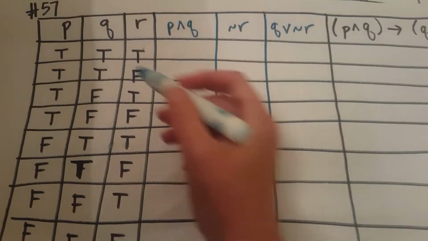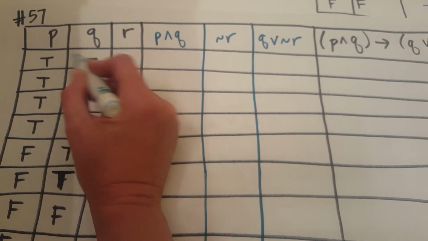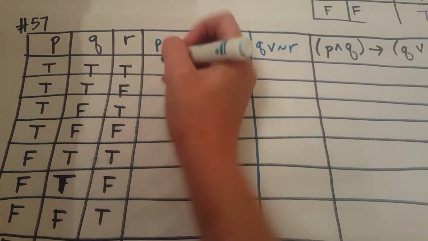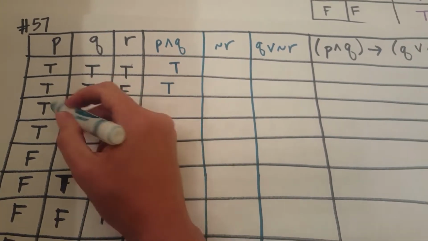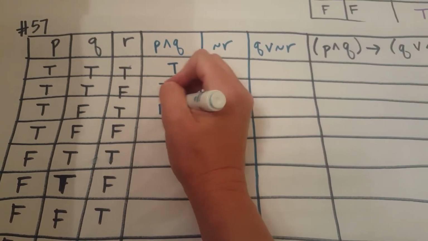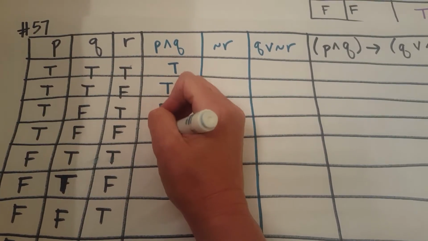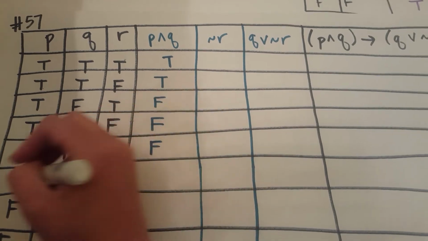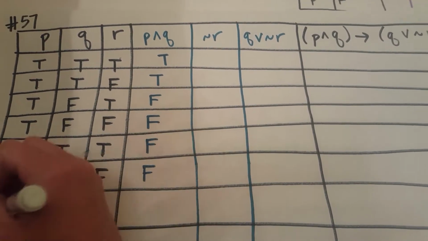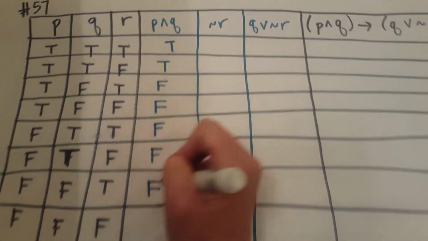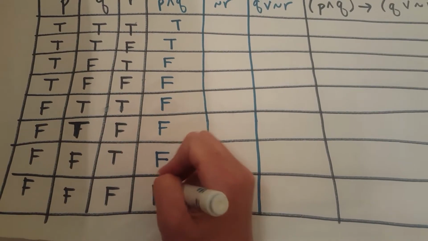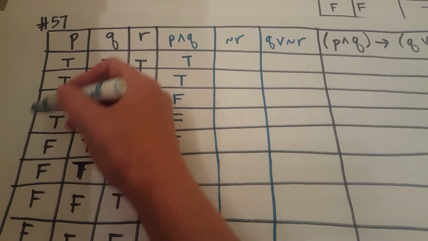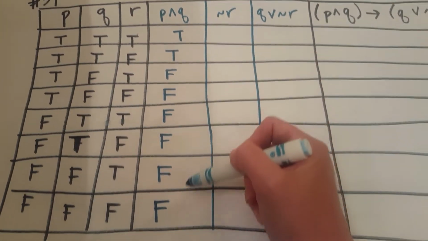So when I look at P and Q: true, true, true, true, true, true, true, false, false. Once I have a false, it stays false with the ands. So false, true, false, false, true, false, false, false, false, false, false, false. Basically once I have an F, the whole thing is an F.